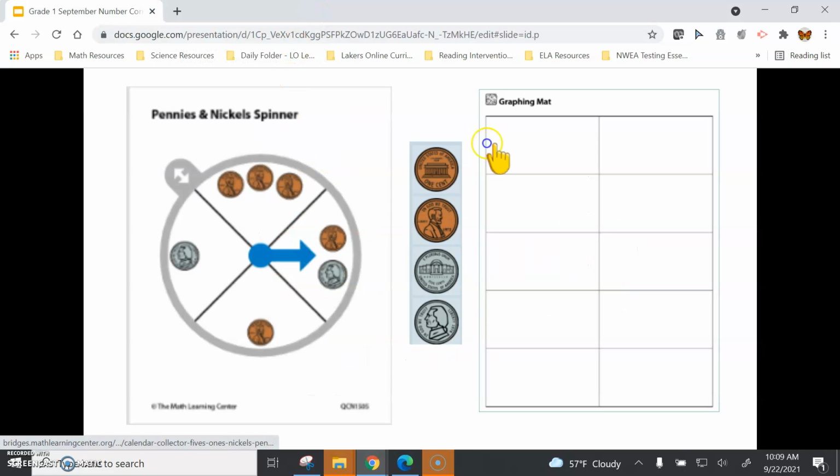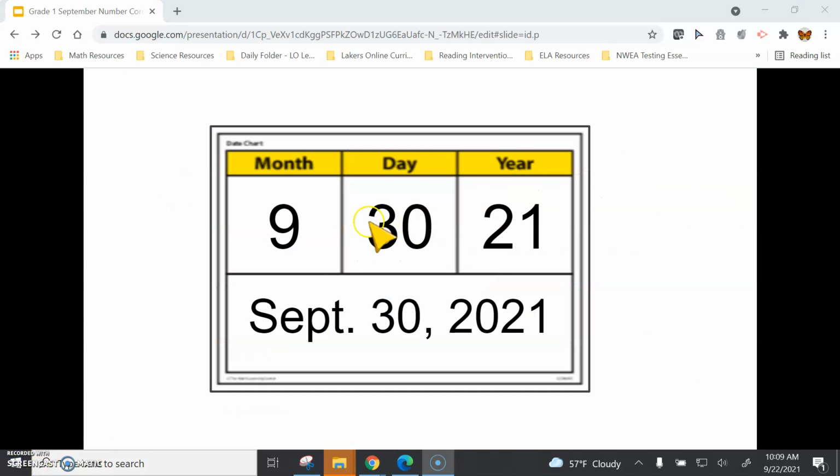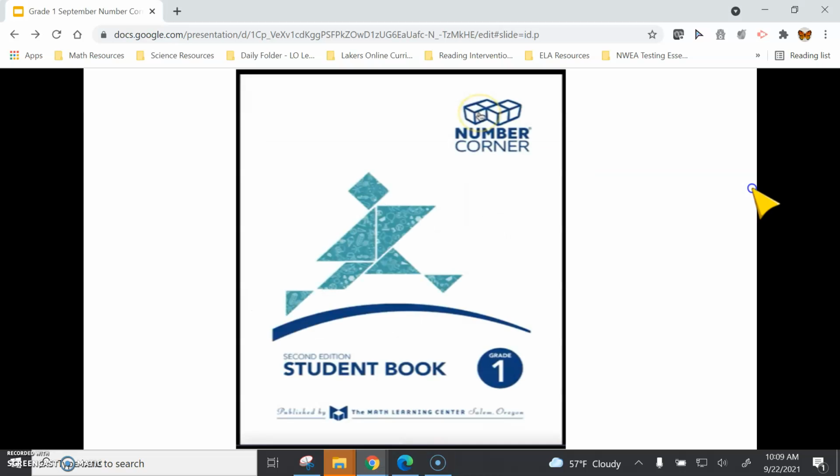We are going to do something very special right now. We have been talking about our number of days in school. Today is our last day of the month, September 30th, and we're going to go to our math book, our number corner book, it has a person made of shapes on the front of it.